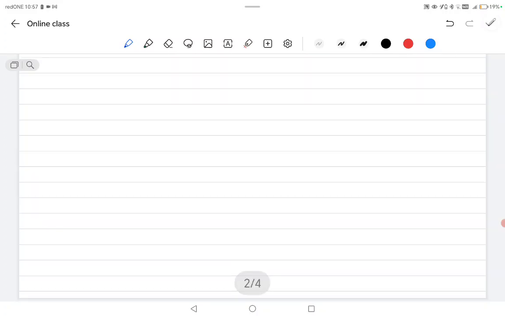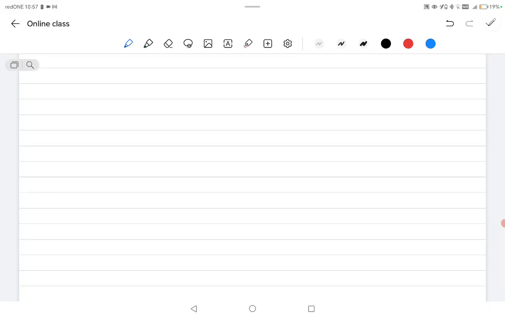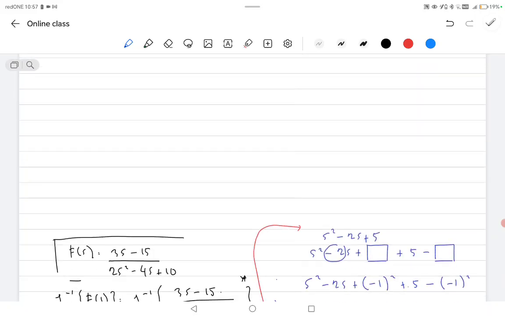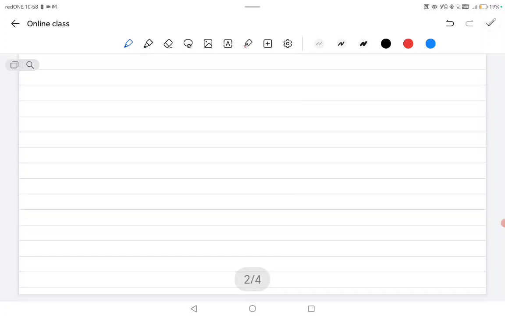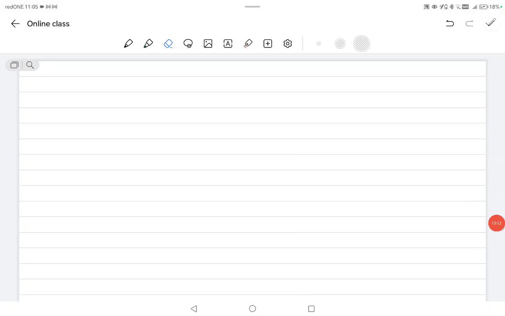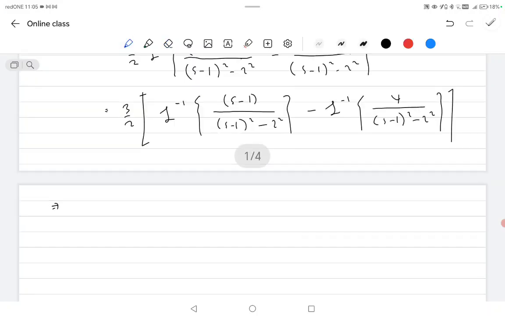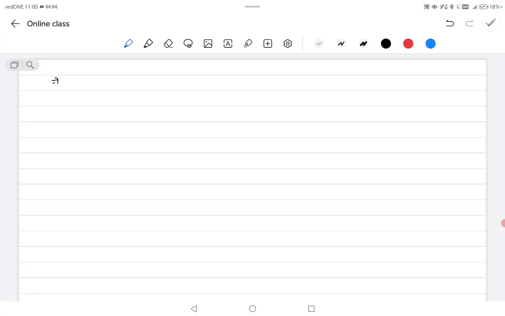How to change to another page? Okay, maybe I can write this down in a new page, because I don't know how to solve this one.